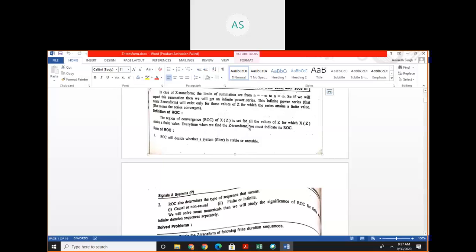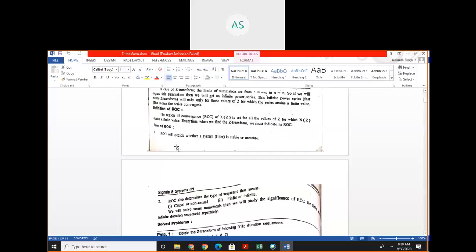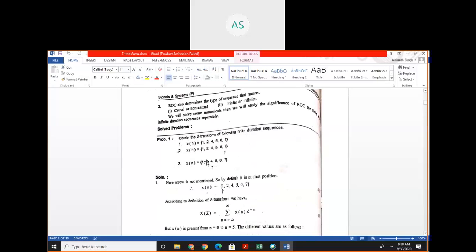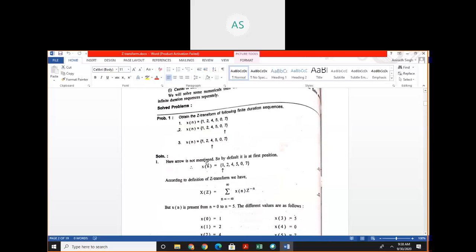That means the range of all the values of z for which X of z exists is known as the ROC. ROC will decide whether a system or filter is stable or non-stable. ROC also determines the type of sequence, that means causal, non-causal, finite, infinite. And here we will solve some problems.